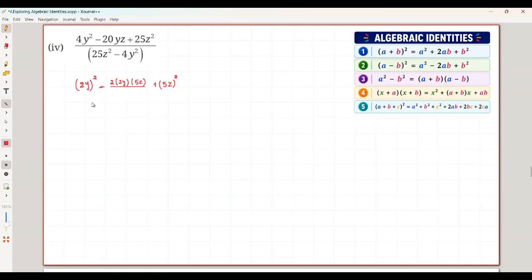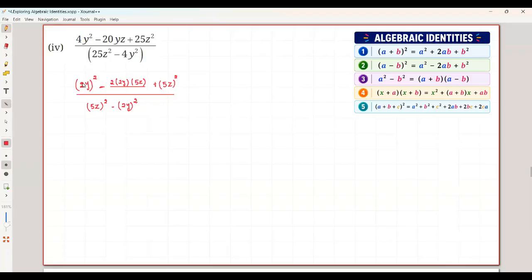Just divided by, now this is in the form of a square minus b square format. That means 5z a square minus b square, 2y the whole square.